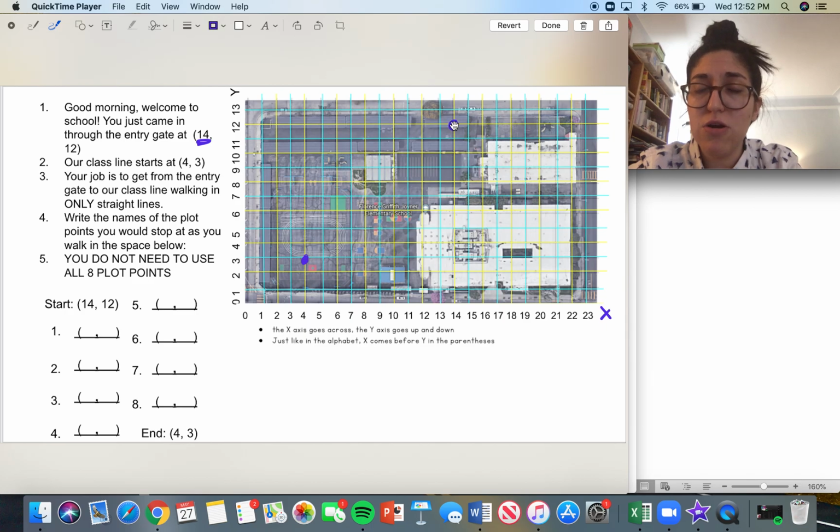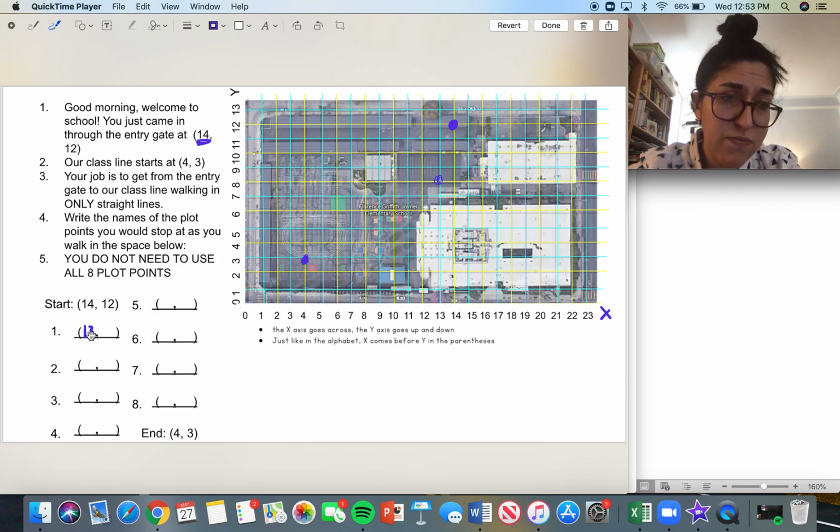So you started here. Where might your first stop be? Technically it would be a straight line, so you could do that. Let's say I were to do this. What stop did I just walk into? That's my first stop, and it's at 13 across, so I'm going to write a 13.